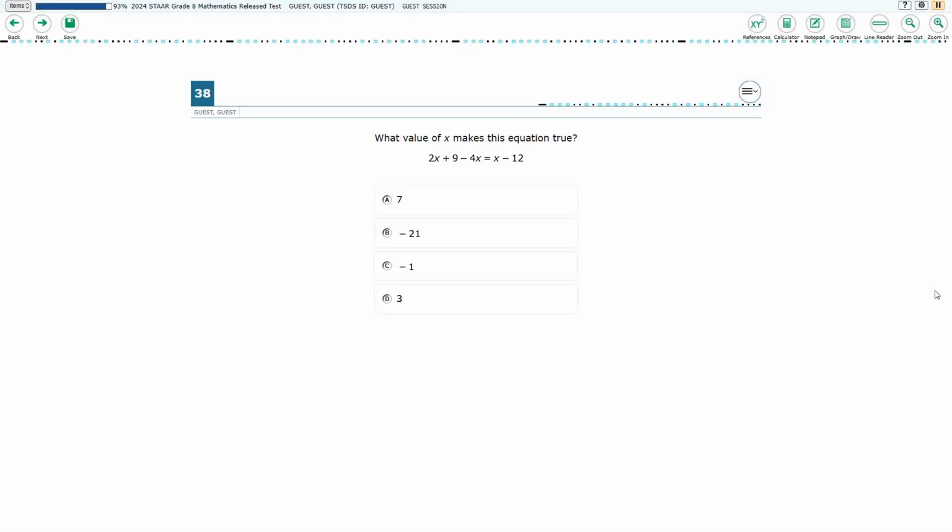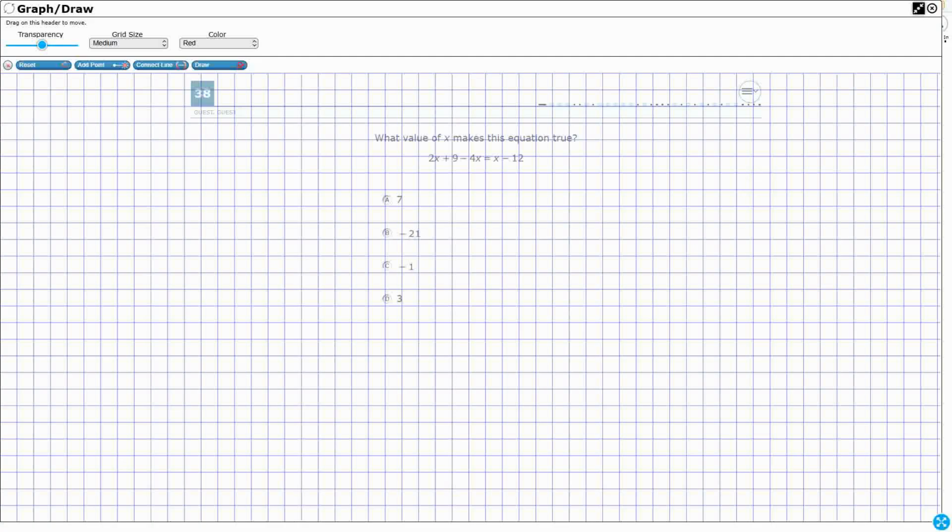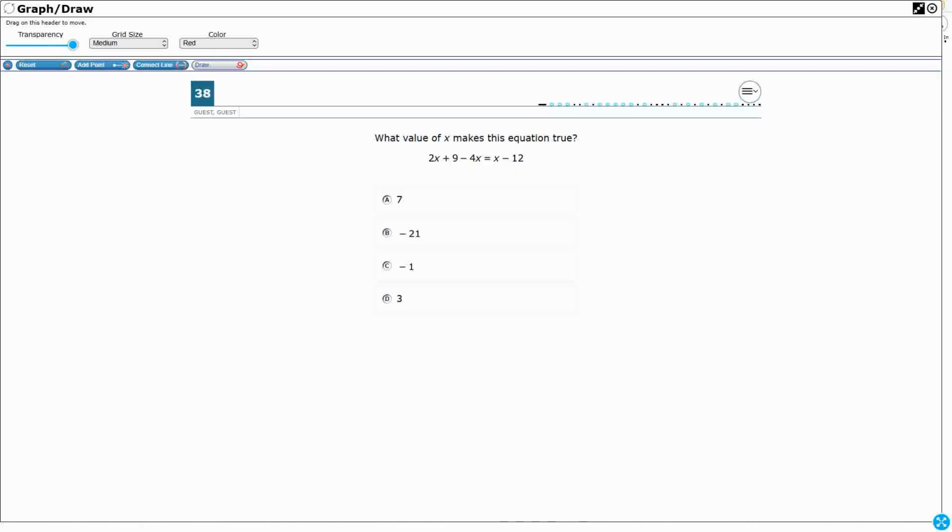For number 38, we are looking at one variable equations. This is 8.8c, and we simply have to find the value of x that makes the equation true. Now we've got two different options here. We are given four answer choices. So if we want to, we can use substitution and plug and play.